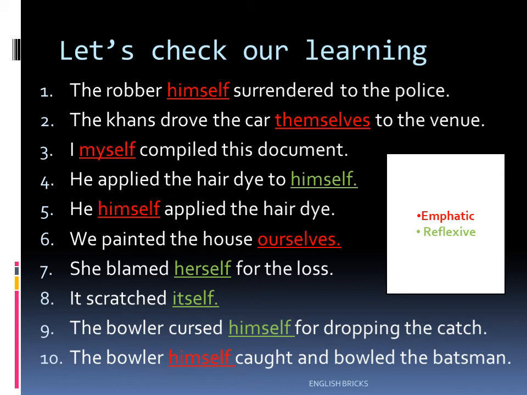So there you see in front of you the answers to all the 10 questions that were asked. All the words in red, those pronouns, are all emphatic pronouns, and all the pronouns in green are the reflexive pronouns. I hope you have got all of them right.